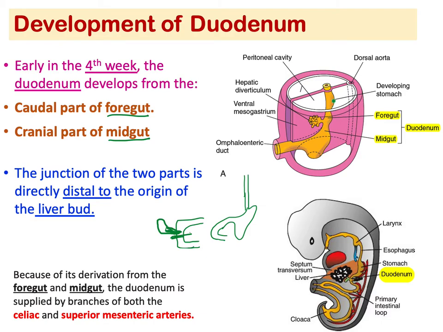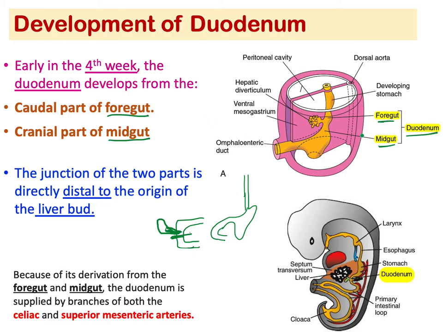And this is the distal end of the foregut, and this is the beginning of the midgut that gives the second half of the duodenum, small intestine, including the jejunum, ileum, all the way until the right 2/3 of the transverse colon. Anyway, the duodenum comes from foregut and midgut.